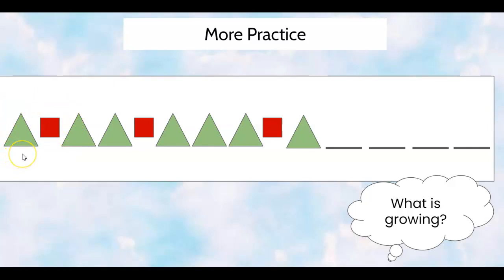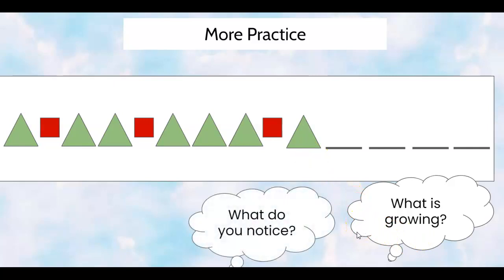So we can see that the triangles are repeating. The first time there was just one, and then every time the pattern repeats, one more triangle is added. So we know the triangles are growing. We notice that those little squares aren't changing. So we know that the triangles are what is changing and growing.